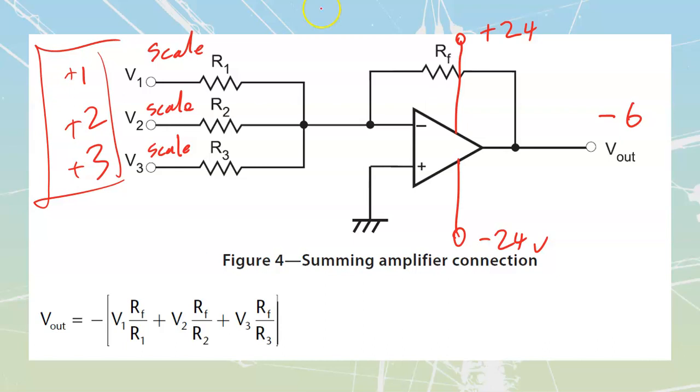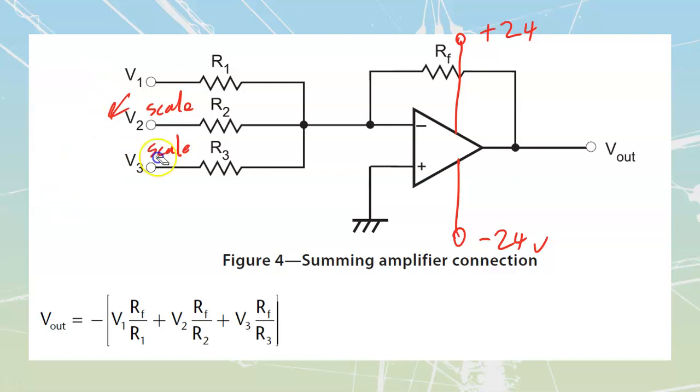You could have ingredients that you're looking to have. This might be ingredient 1 for whatever you're making. This is ingredient 2, and this one over here is going to be your ingredient 3. Add all 3 of those together, and it's going to give you your total over here. It's going to be inverted, but you can just re-invert that with a voltage follower if you really wanted to, or with a 1-to-1 inverter.